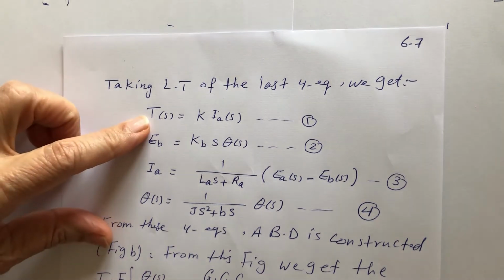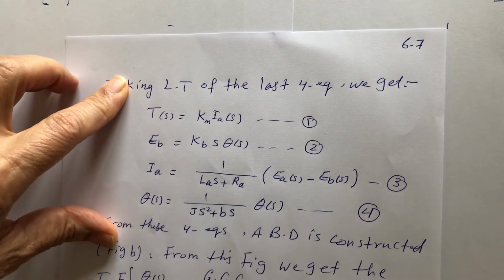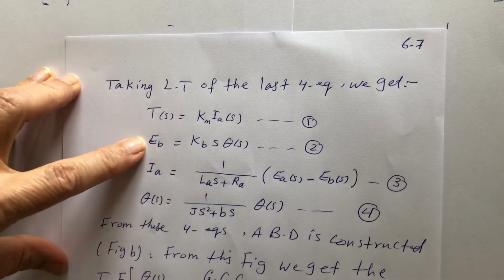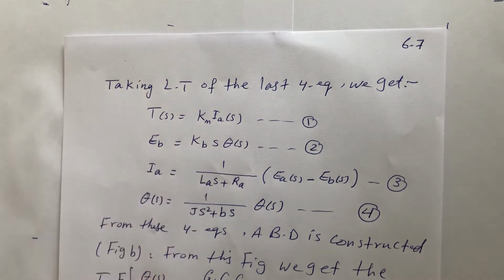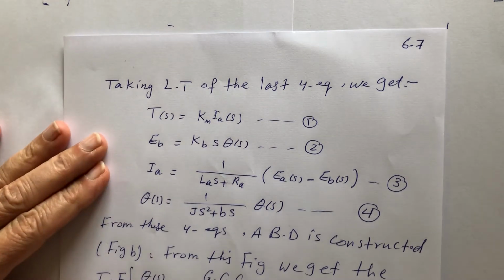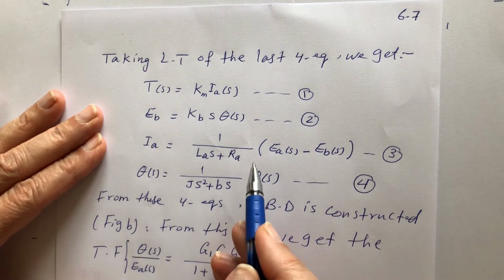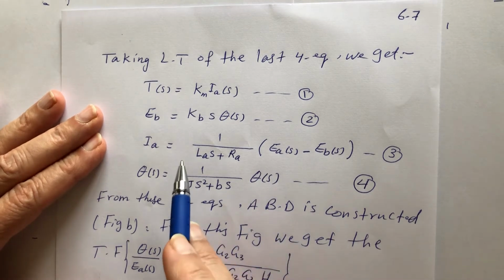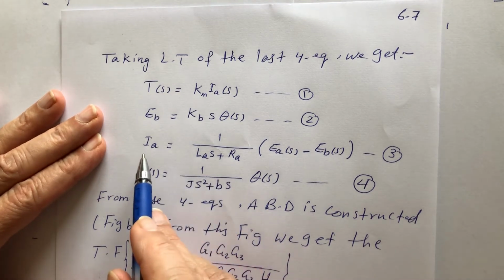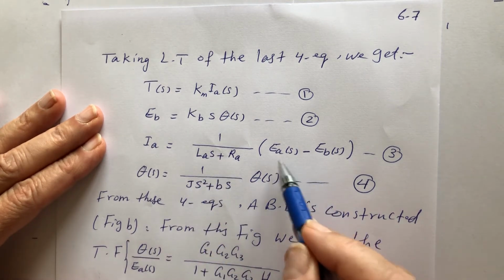So we say T of S equals K motor IA of S, this is equation 1, and EB equals KB S theta of S, because it was KB theta dot. This is equation 2. And from equation 3, the armature circuit, I rearranged it and found IA equals 1 over (LA S plus RA) times (EA minus EB).